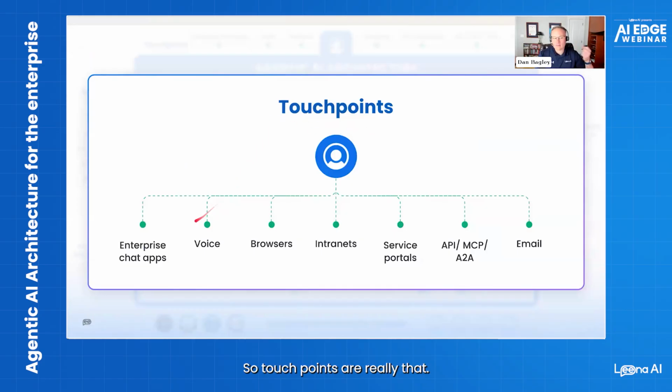So I spoke earlier about saying we need to meet your employees where they are today. So touch points are really that. So enterprise chat applications for desk-based workers, voice and video is rapidly becoming a standard in this space. I talked to a technology leader yesterday who was sharing with me that most of their IT tickets still come in via voice. They're still operating a call center. They're proud that they answer the calls to that call center in seconds and not in minutes. But that's an expensive prospect. So enabling voice for AI, very important.